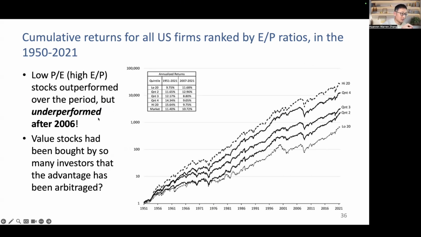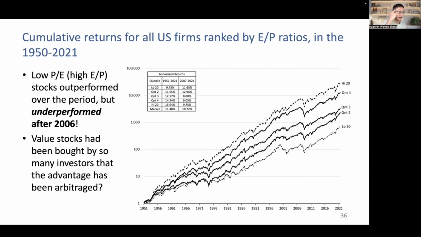But this outperformance only existed until the year 2005. After that year, it becomes ineffective. If you look carefully, there may even be some reversal of this rule. So value stocks had been bought by so many investors that the advantage has probably been arbitraged away, all right?